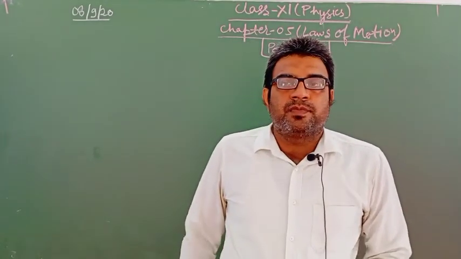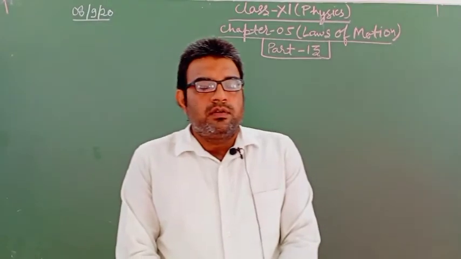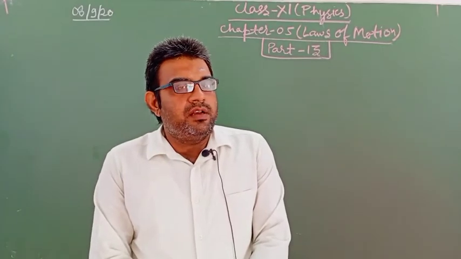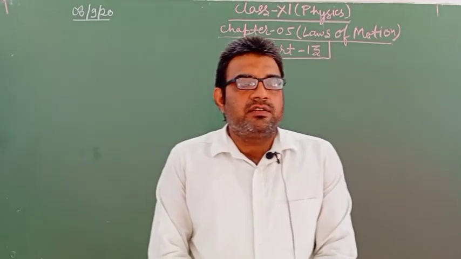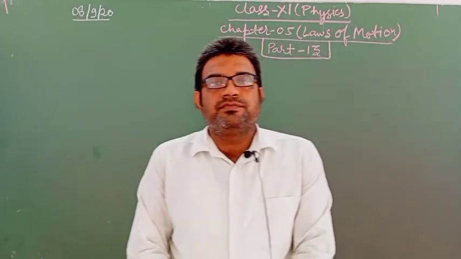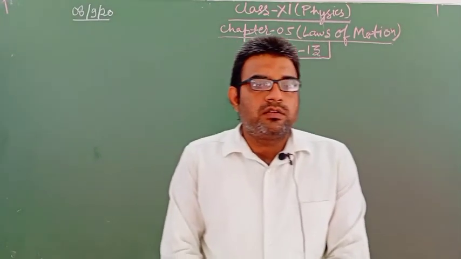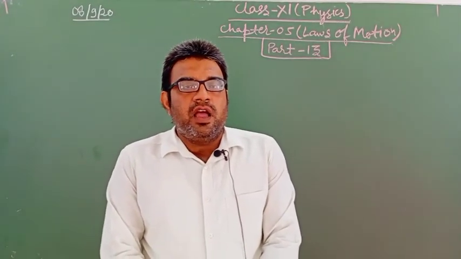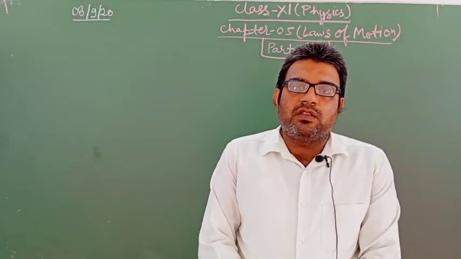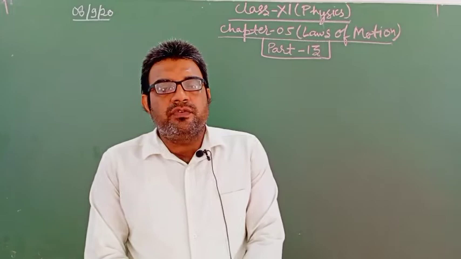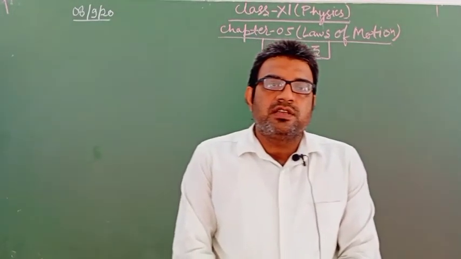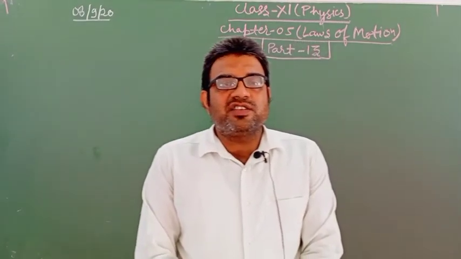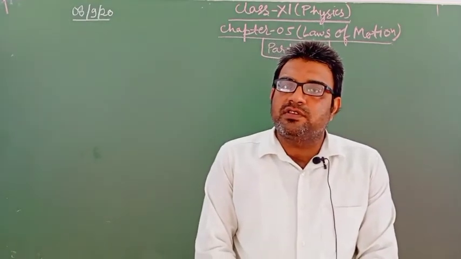Dear students, in the previous video we discussed static friction. While discussing it, we learned that when a block of mass m is placed over a rough surface and a force F is applied on that block, an opposing force parallel to the surface is generated, which restricts the motion of the block on the rough surface.